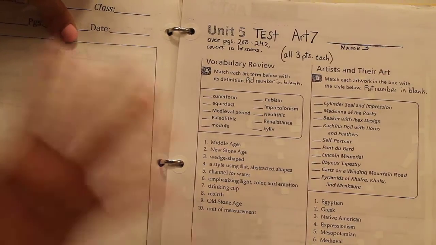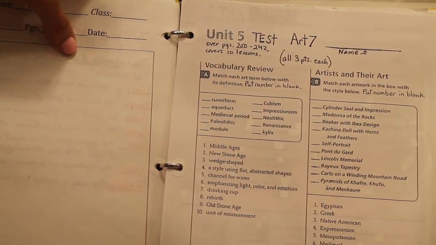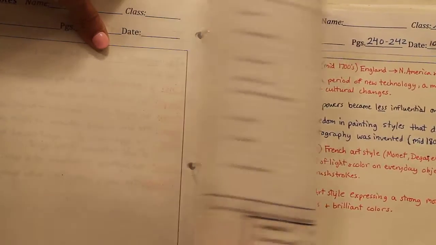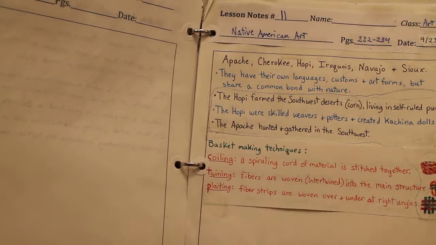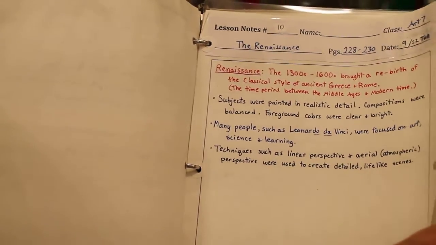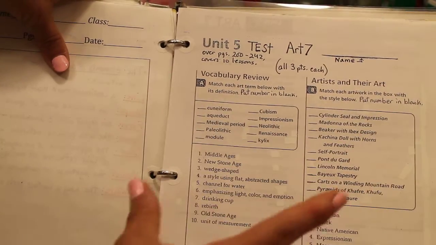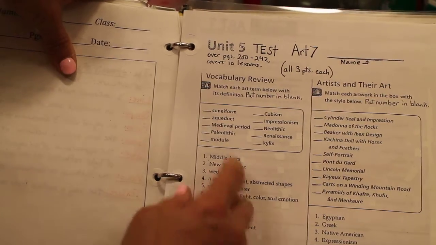But if you end up having trouble with Schoology, then your backup plan is to take the hard copy test the old-fashioned way. And it's just 2-sided. And as you see, your art binder should have all your notes in it that you can still use and refer to as you need. Okay, not all the notes are used, just the ones on the lessons within Unit 5.